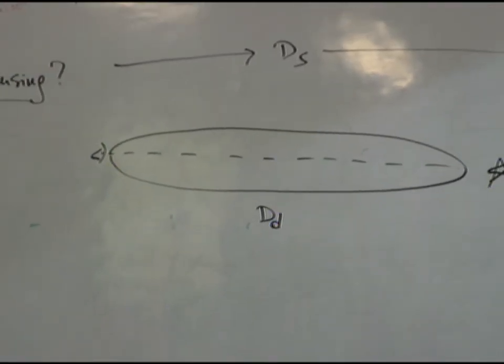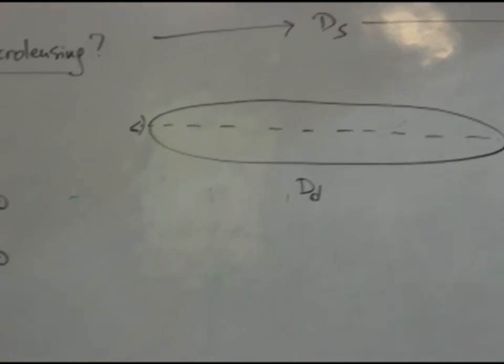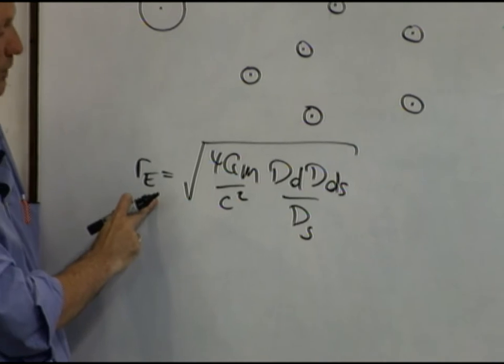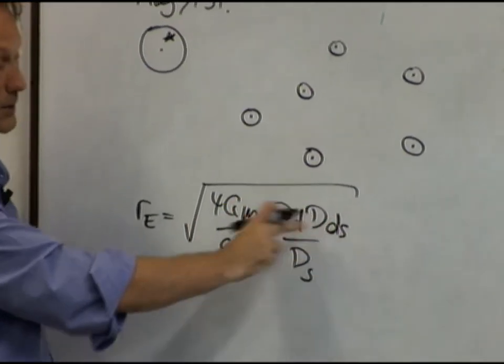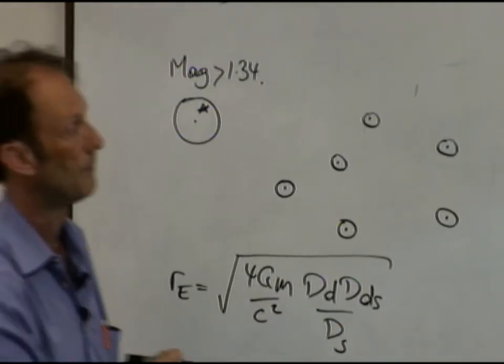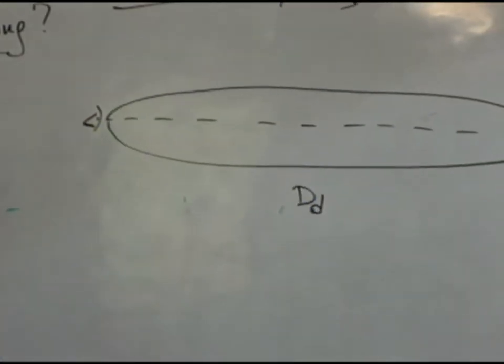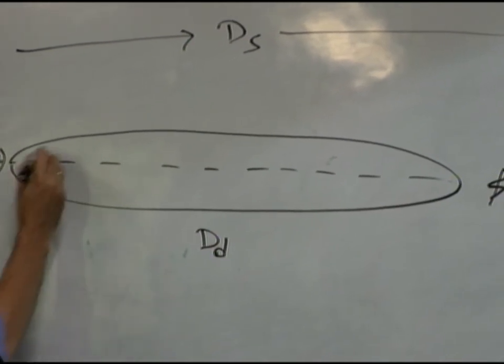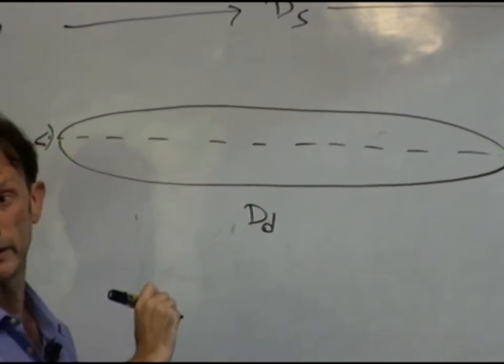When dd is very small, the Einstein radius gets very small. When dds is very small, the Einstein radius gets very small. And the maximum is when the lens is exactly halfway between the source and the observer. So this is the kind of dependence you get. And so you have to put lenses inside the cigar for the false microlenses.